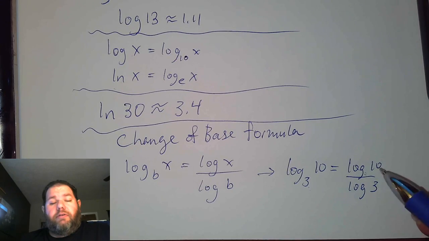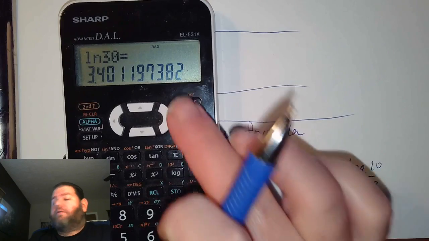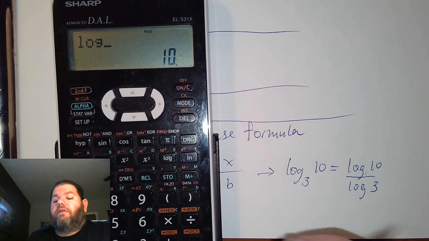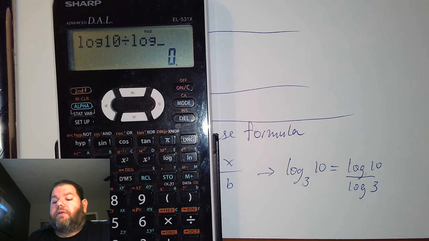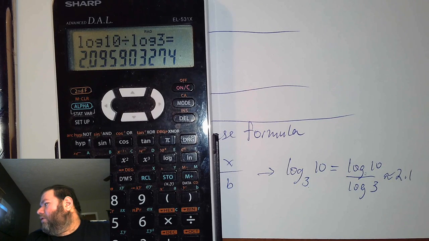But we can do both of these in our calculator now. In fact, we could do it all in one step if we prefer. So we would do log 10 first, and then divide, and then do log 3, and then equals. It's about 2.1, depending on how far we round it.